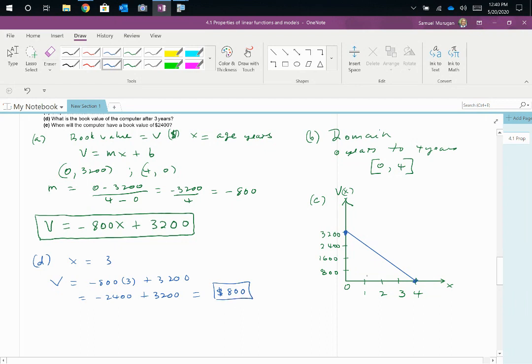And you can probably get that from the graph, yeah? At year 3, the graph is $800.